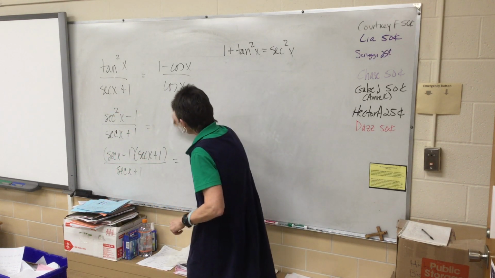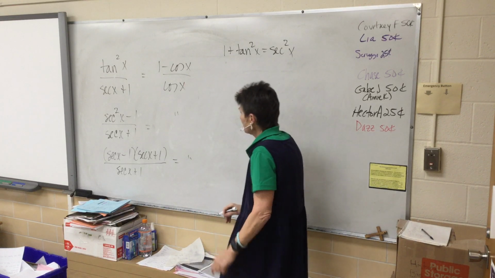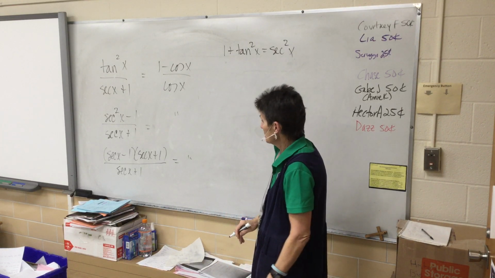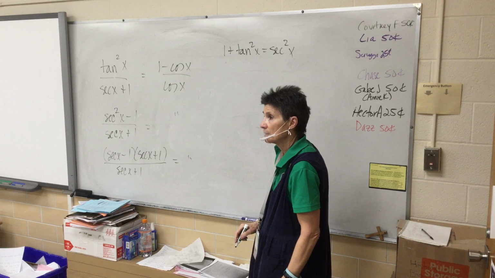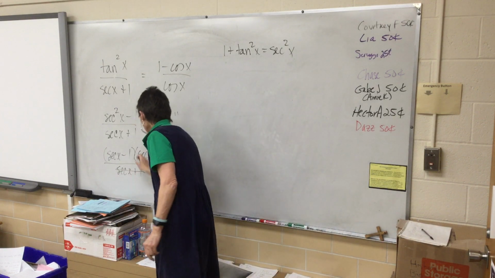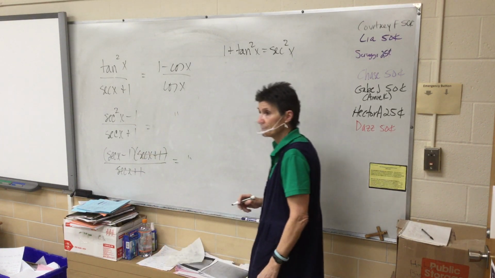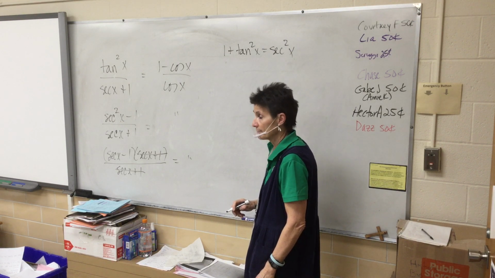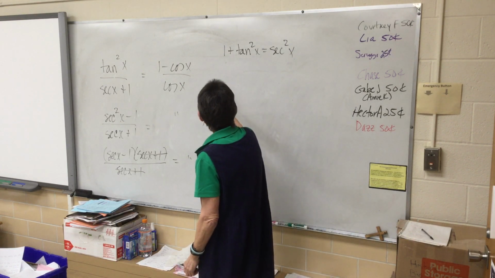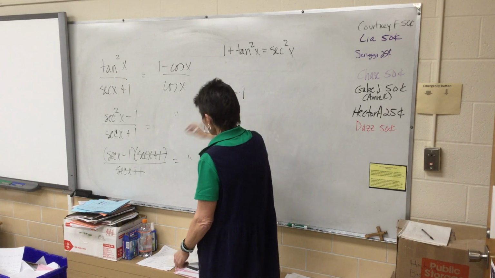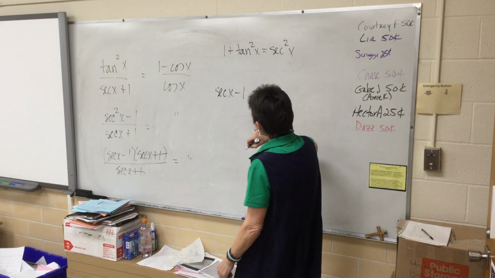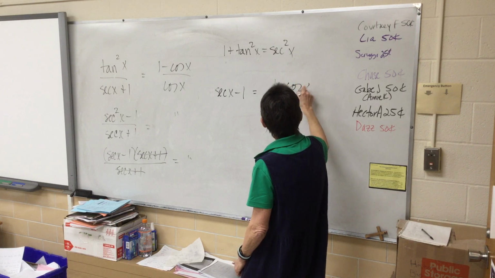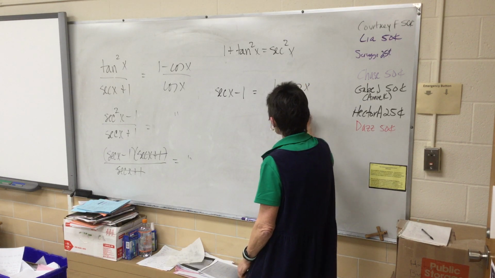And this is staying the same. We're trying to end up with that. What happens? Now we can cancel the whole shebang, right? After you factor, you can cancel it usually. So now we have secant minus 1. That's all that's left. And that's supposed to equal 1 minus cosine over cosine.